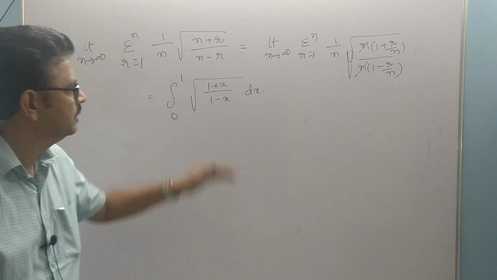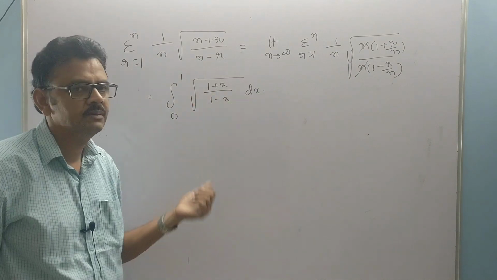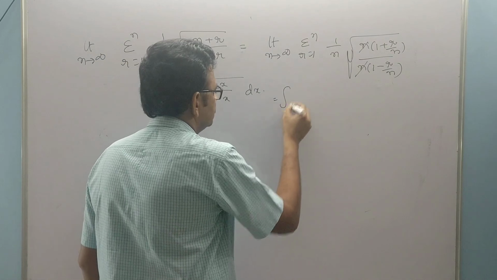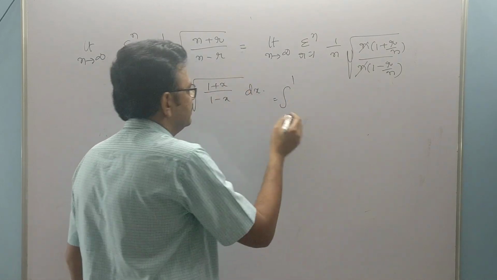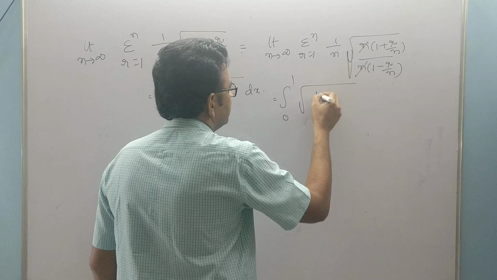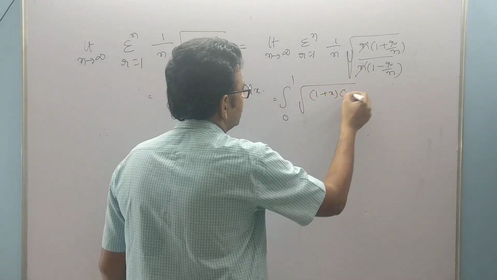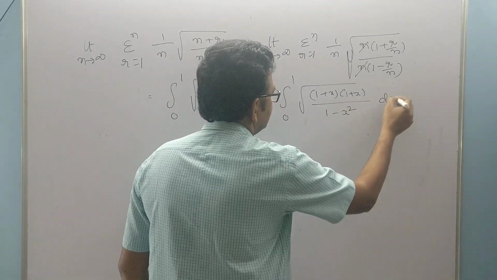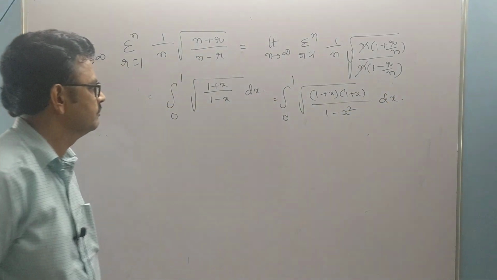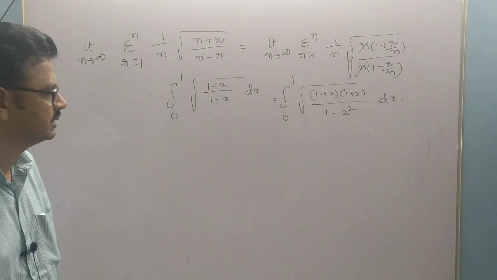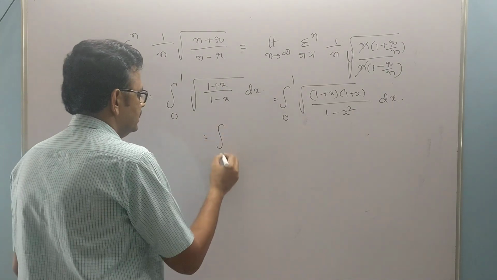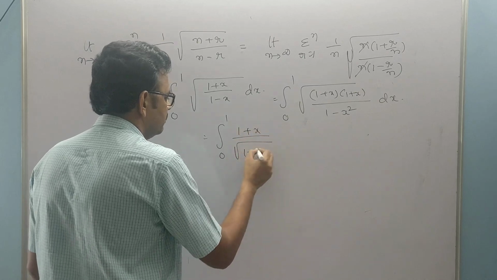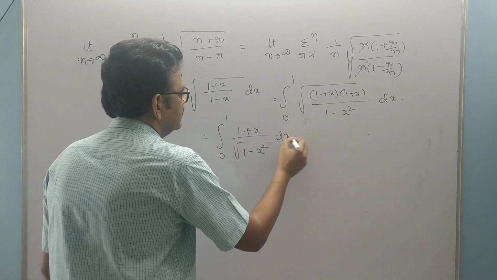So I think you know how to integrate this. So this is integral 0 to 1, multiplying and dividing by 1 plus x, into root of (1 plus x) by (1 minus x square) dx. That is equal to integral 0 to 1, (1 plus x) by root of (1 minus x square) dx.